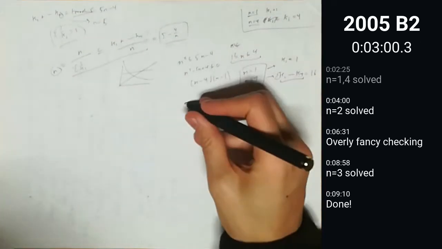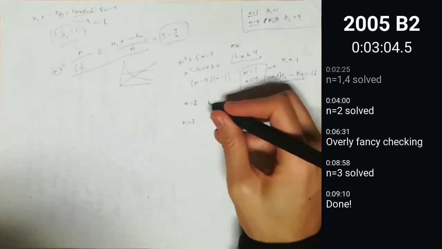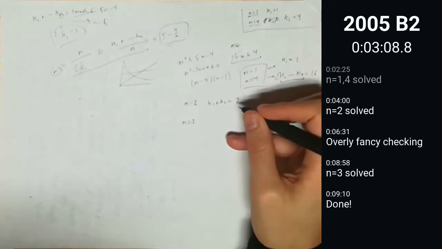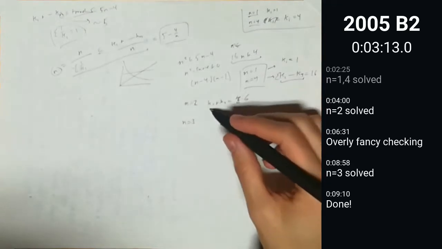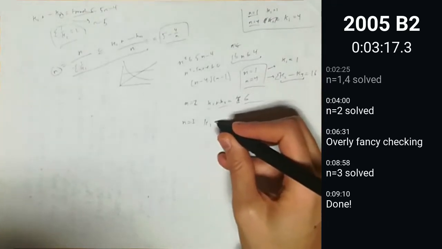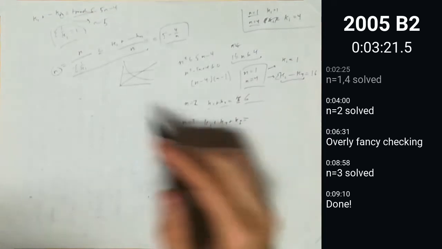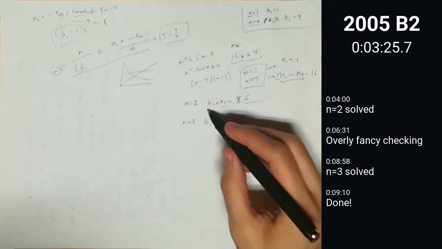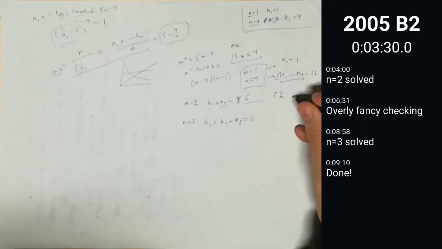Okay, so we have two cases to consider. If n equals 2, then k1 plus k2 is equal to 6. Okay, we can just check those manually. And likewise, for n equals 3, k1 plus k2 plus k3 has to be equal to 11. And then we want the sum of 1 over k1 plus 1 over k2 to equal 1.